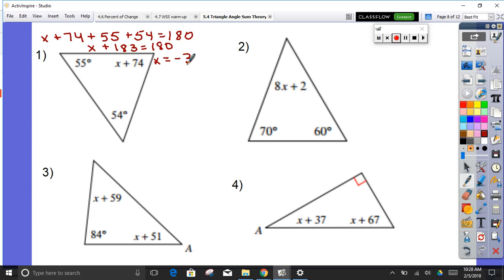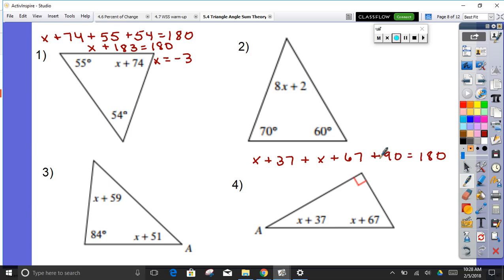Okay, who would like to set up? Let's do number 4. Anyone want to set up number 4? Jake. X plus 37 plus x plus 67 plus 90 equals 180. Okay, good.